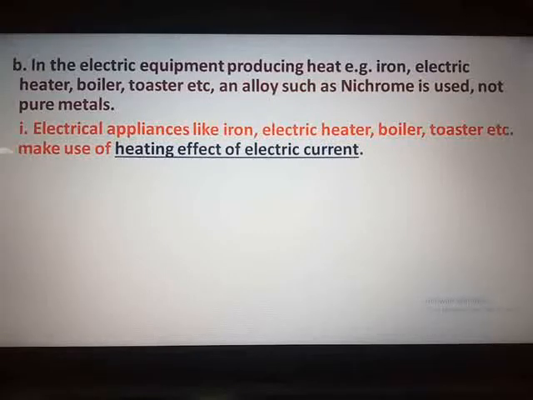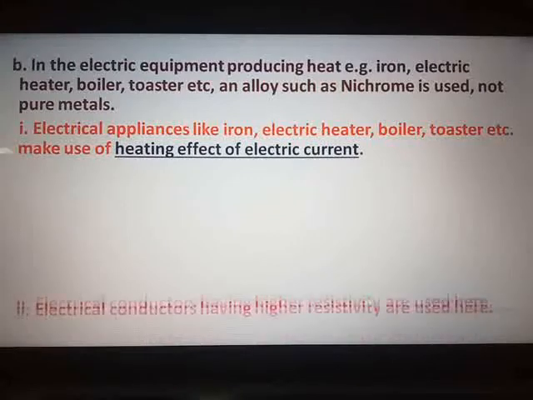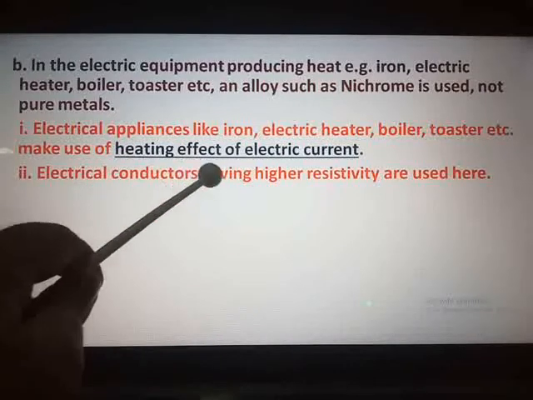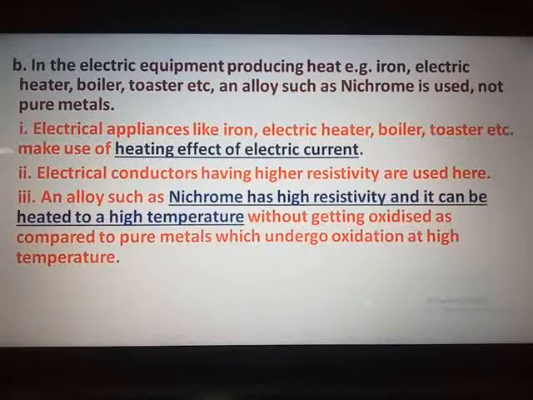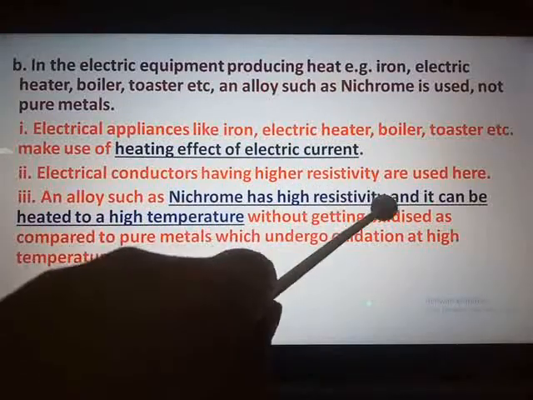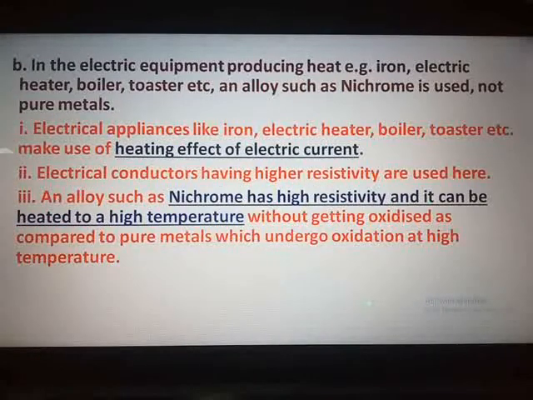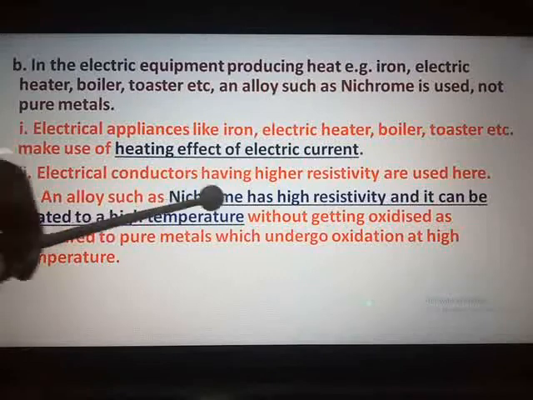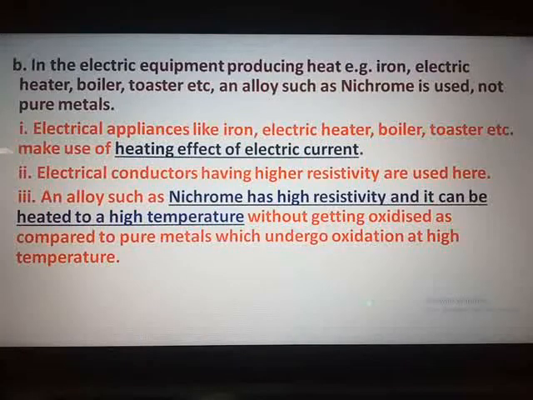Second point, now here you will mention the advantages of using nichrome and disadvantages of pure metals. So electrical conductors having higher resistivity are used here. An alloy such as nichrome has high resistivity and it can be heated to a high temperature without getting oxidized. That is the biggest advantage of nichrome. As compared to pure metals, they undergo oxidation at high temperature.